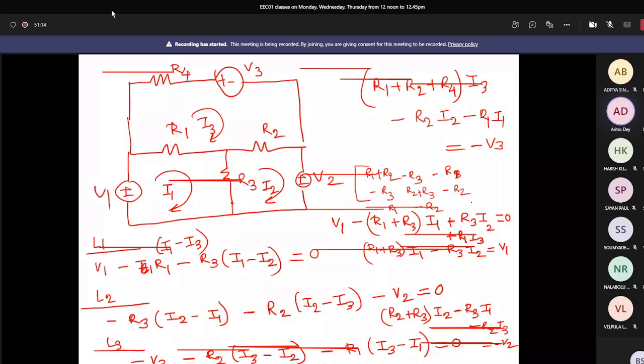So your matrix is ready. That into I1, I2, I3 is equal to V1, V2, V3 with direction put accordingly: plus V1, minus for V2, minus for V3. So you can get the matrix.